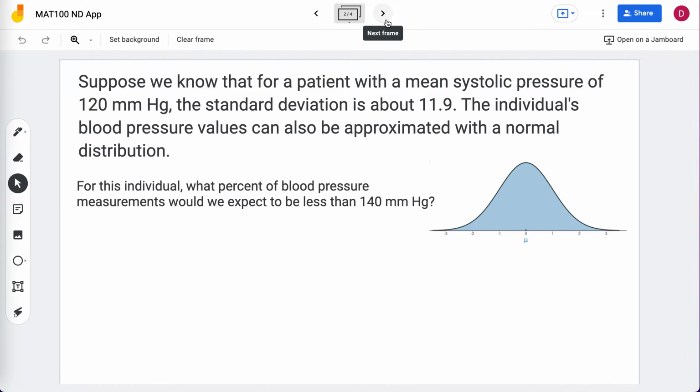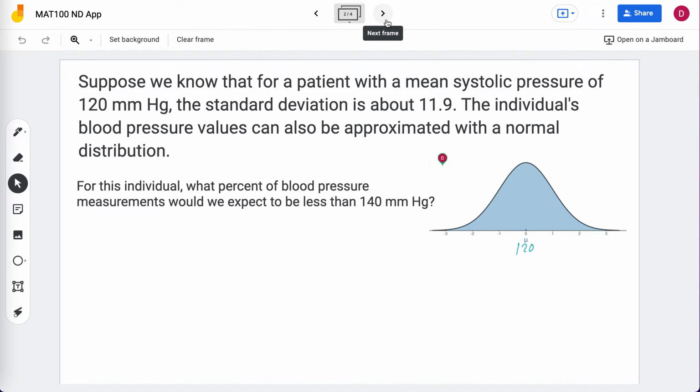So if I consider this same situation, what I want to do now is consider the percent, and sometimes it'll be framed as a probability. What percent or probability of blood pressure measurements would we expect to be less than 140? Again, I'm just going to very quickly draw a picture here. I know that 120 is in the middle.